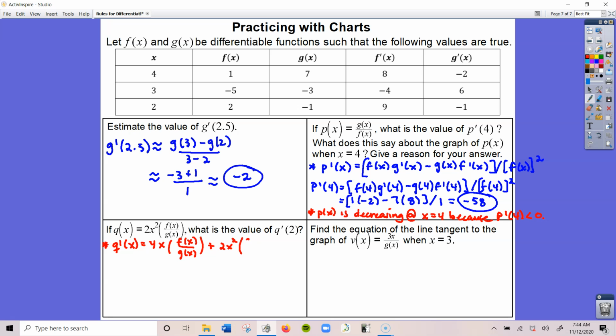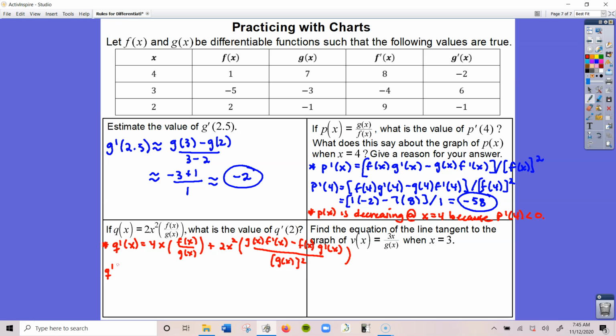So that's going to be g of x times f prime of x minus f of x times g prime of x, all over g of x squared. And now we're going to have to plug in 2.